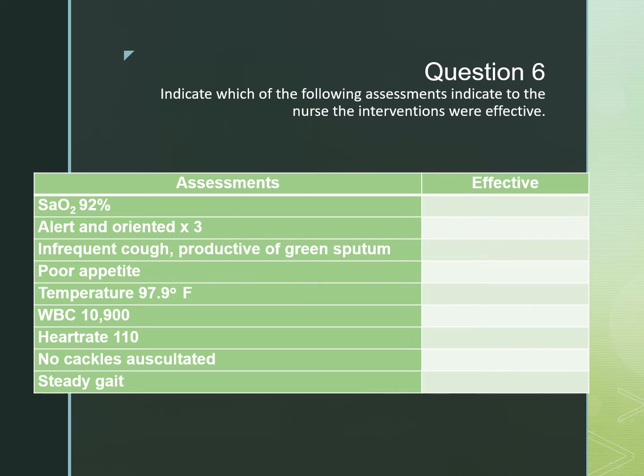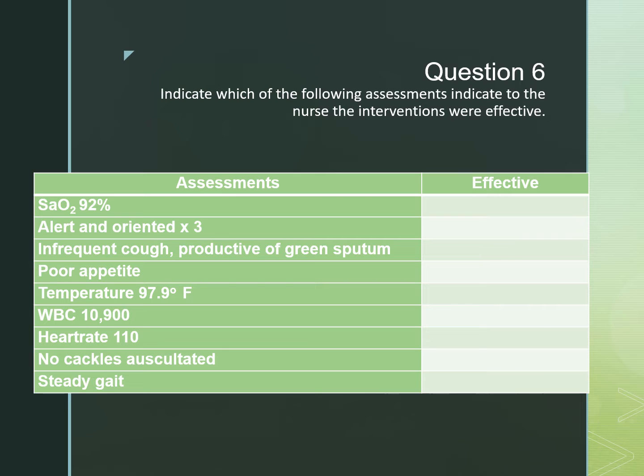Okay, so indicate which of the following assessments indicate to the nurse the interventions that were effective. An SaO2 of 92%. Yes, we were sitting in the 80s, so getting it above 90 is going to be terrific. And this client also, with her history of chronic bronchitis, probably has COPD, so 92% is probably really good for her.